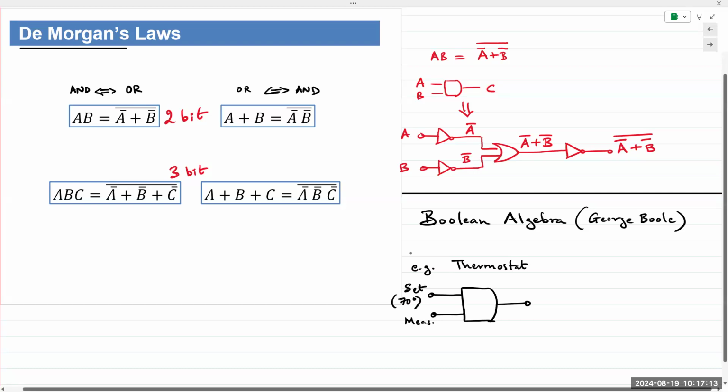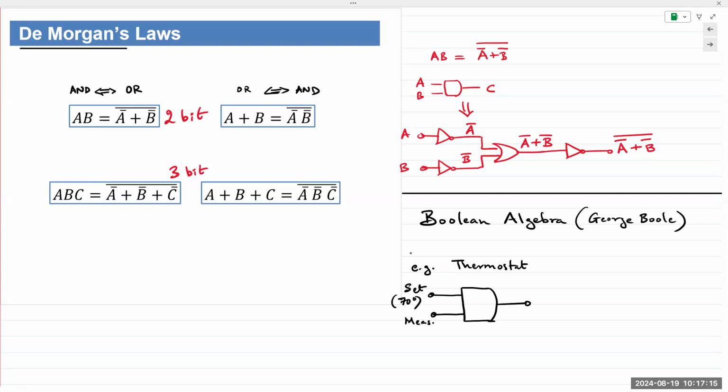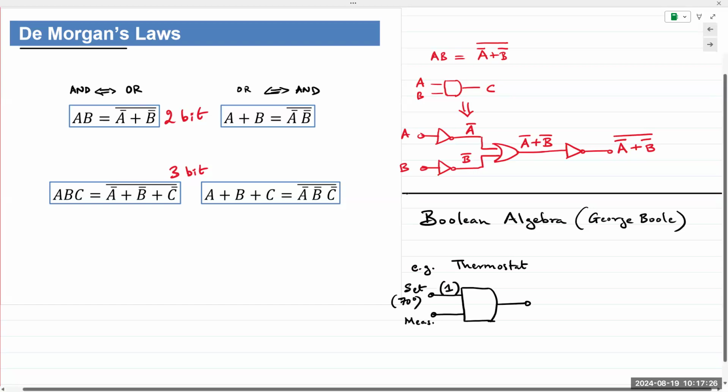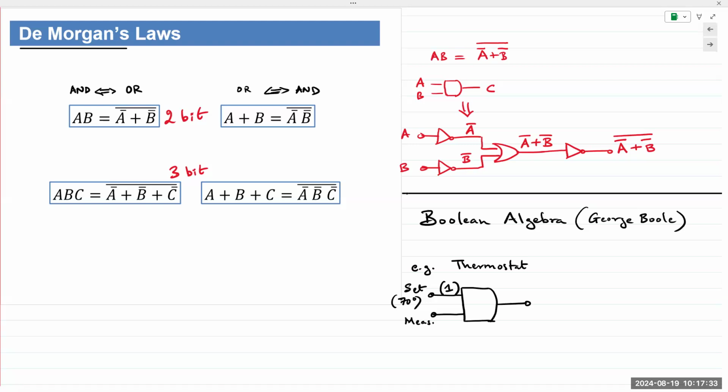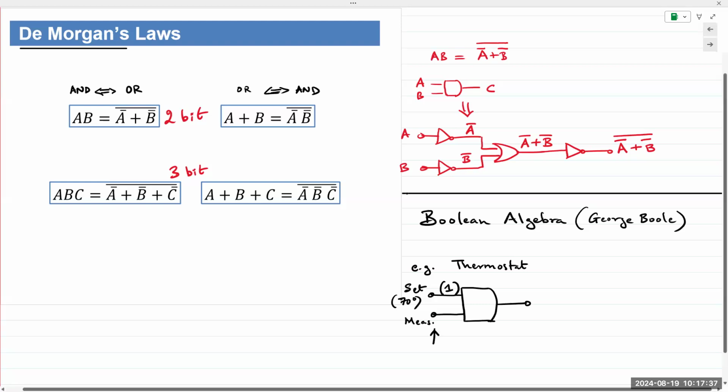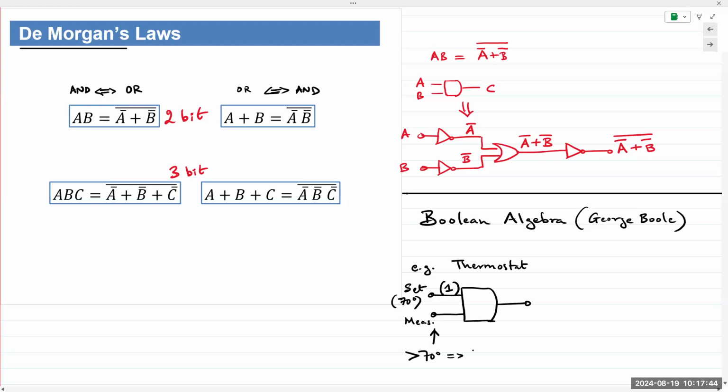And your thermostat, let's say you're using it for heating. So if the set temperature is set at 70 degrees, and let's use logic high, for instance. So this is 1. If the measured temperature is above 70 degrees, then the input to the measured line is 0.